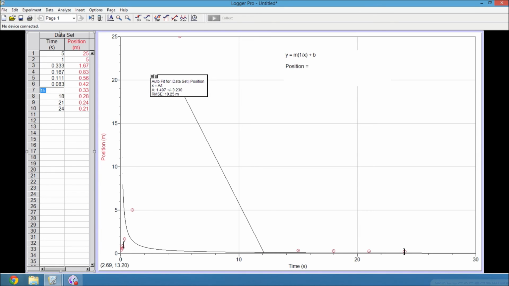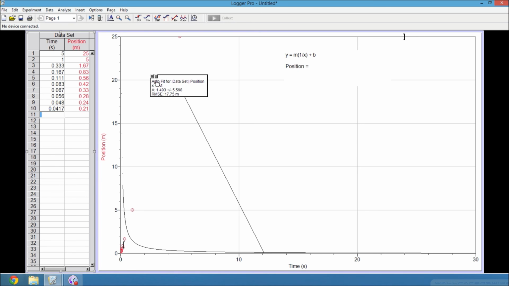I'm just doing 15, then hitting the inverse key on the calculator. 0.067, so I'll hit 18, inverse key, 0.056. The inverse key looks like a little 1 over x on the calculator I am using. 0.048, and 1 over 24 is 0.0417.